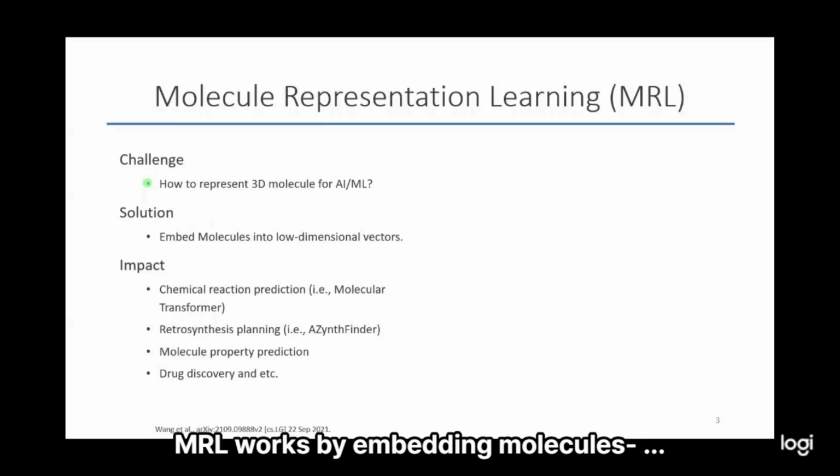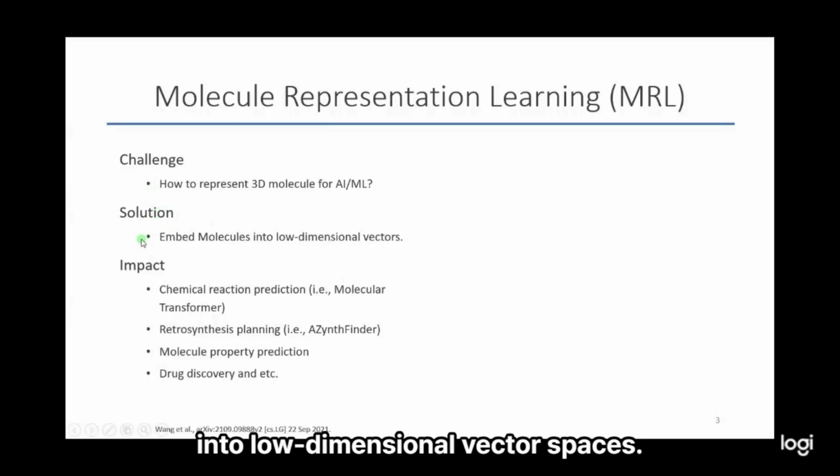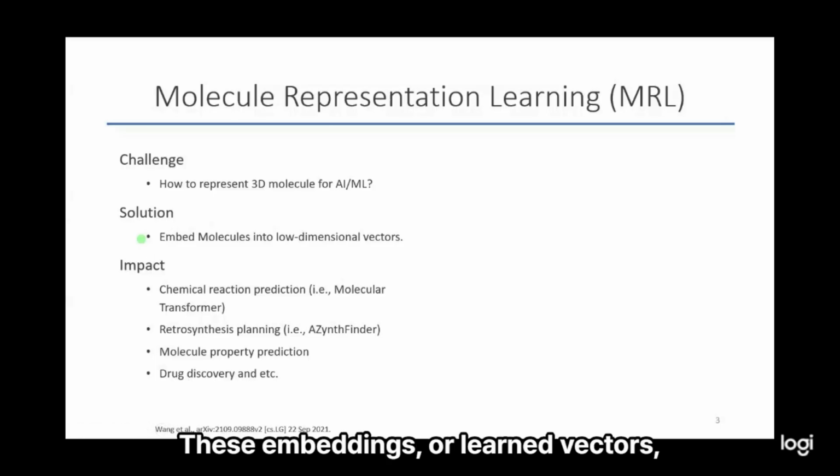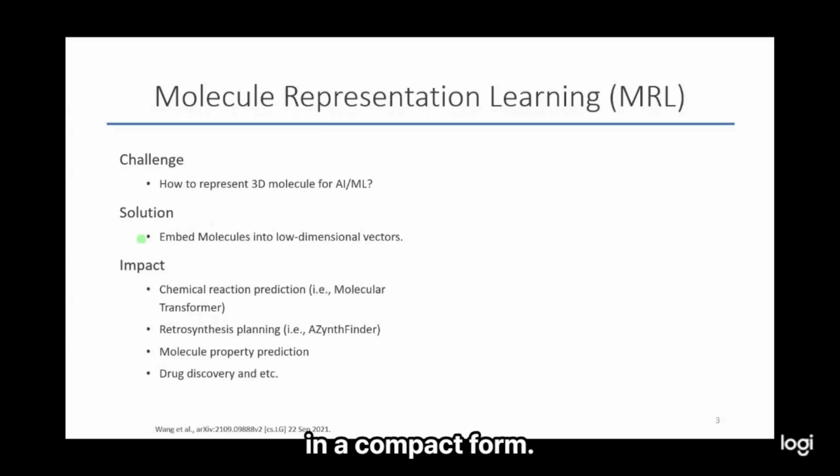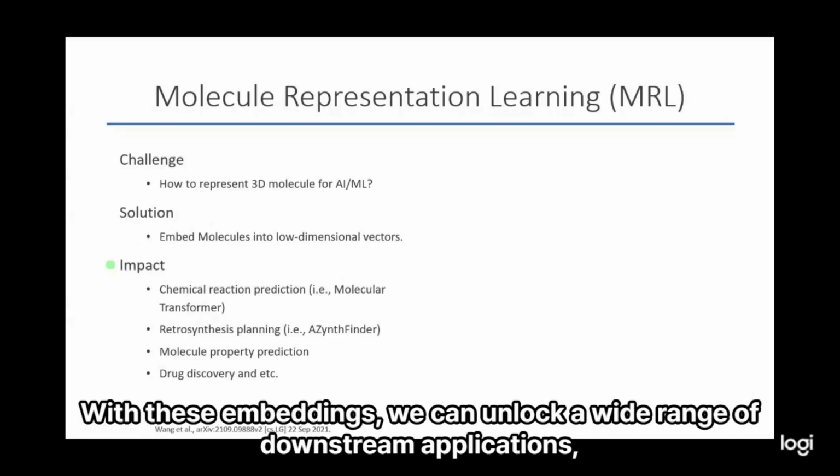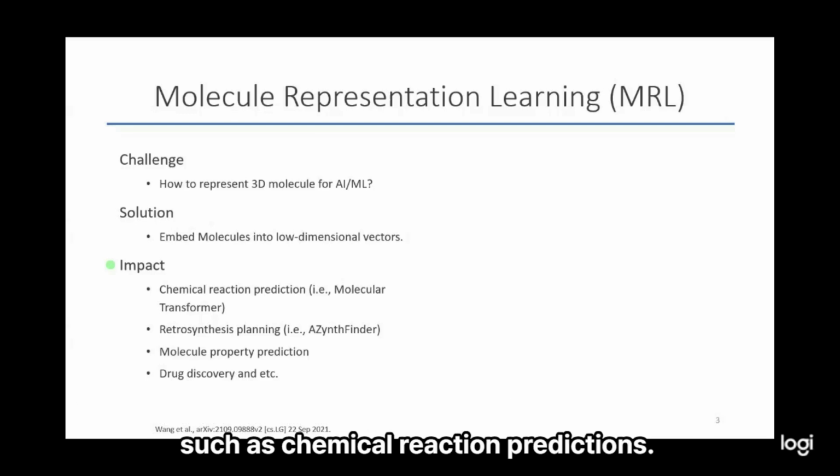MRL works by embedding molecules into low-dimensional vector spaces. These embeddings, or learned vectors, capture essential chemical information in a compact form. With these embeddings, we can unlock a wide range of downstream applications, such as chemical reaction predictions.